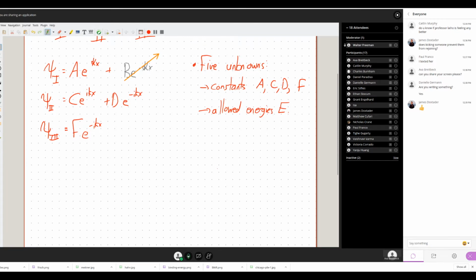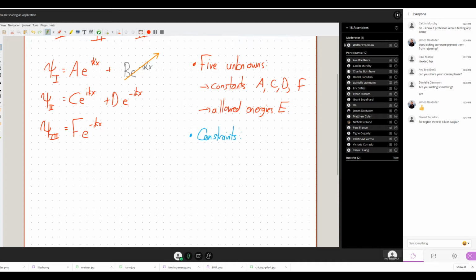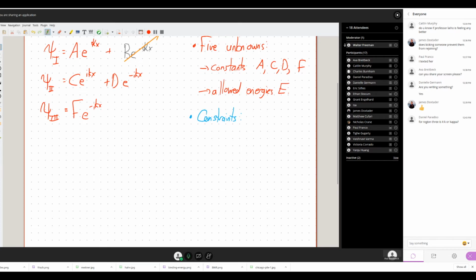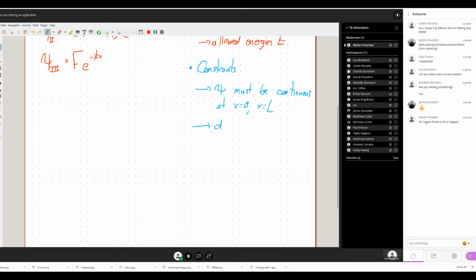But we have constraints. Those constraints are that psi must be continuous at x equals 0 and x equals L, and so must its derivative.